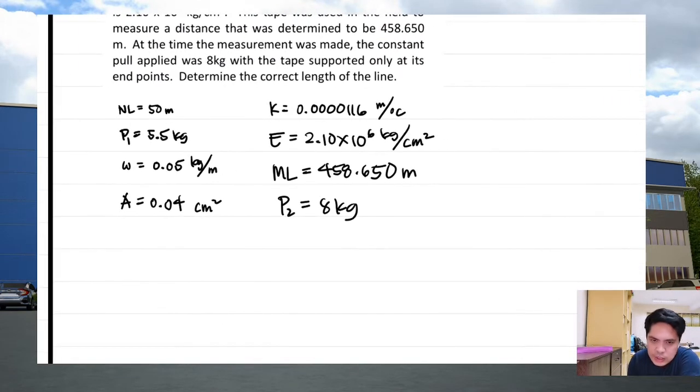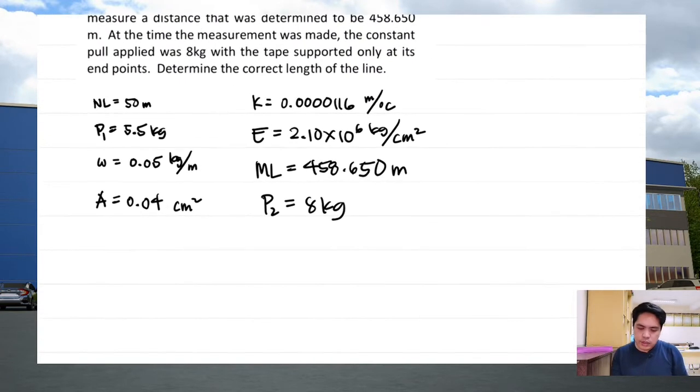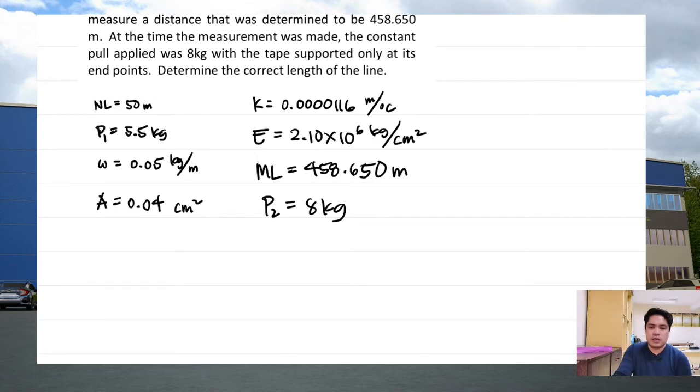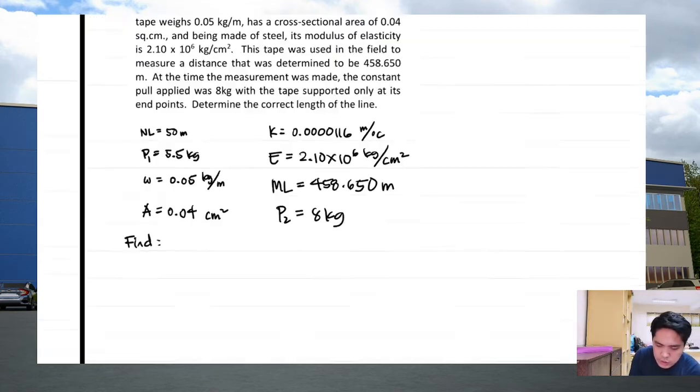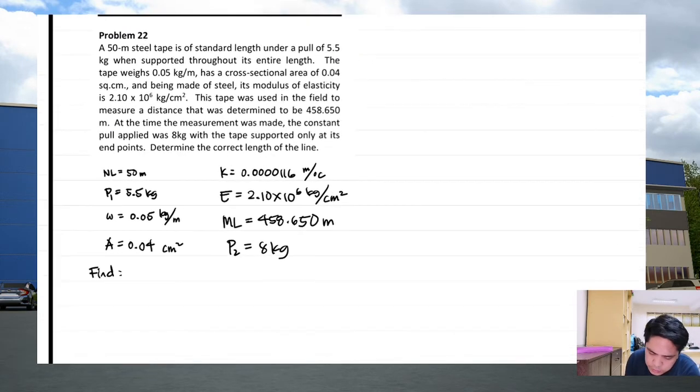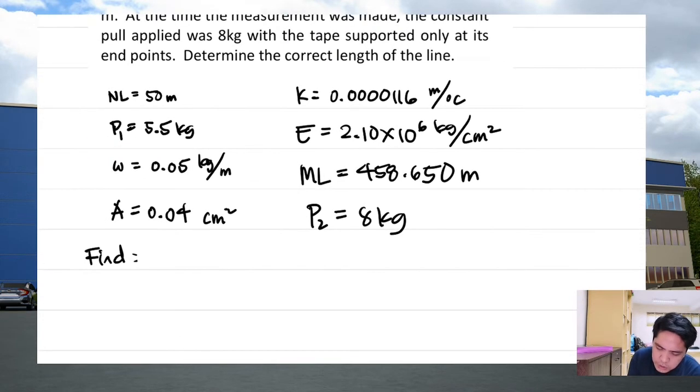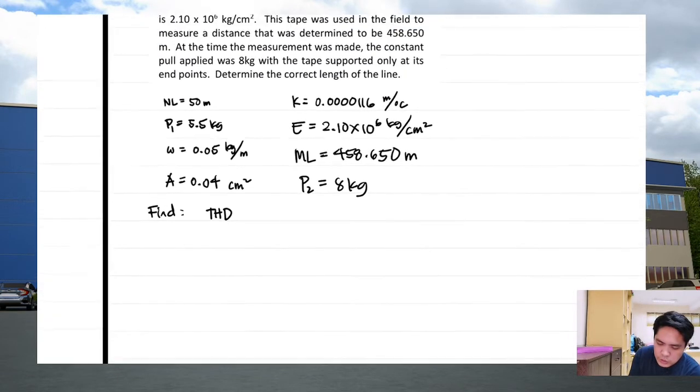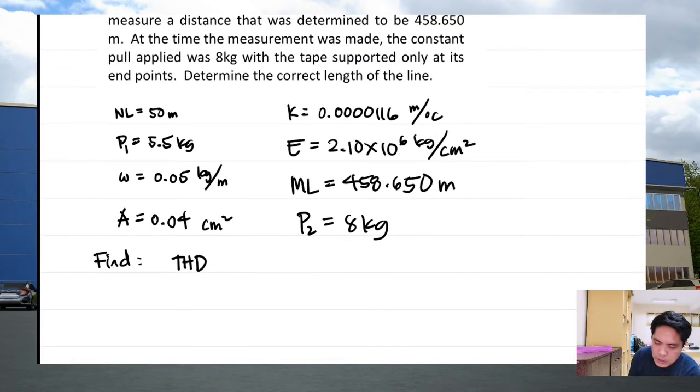So it's supported only at the end points. Okay. I think the question here is what is the correct length. So, let's just put the question here. Determine the correct length. Correct length. So, the true horizontal distance of the line measured, THD.